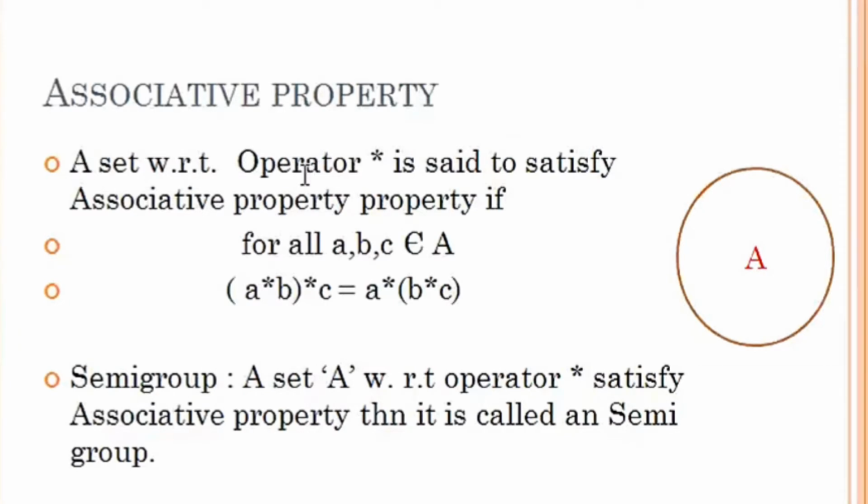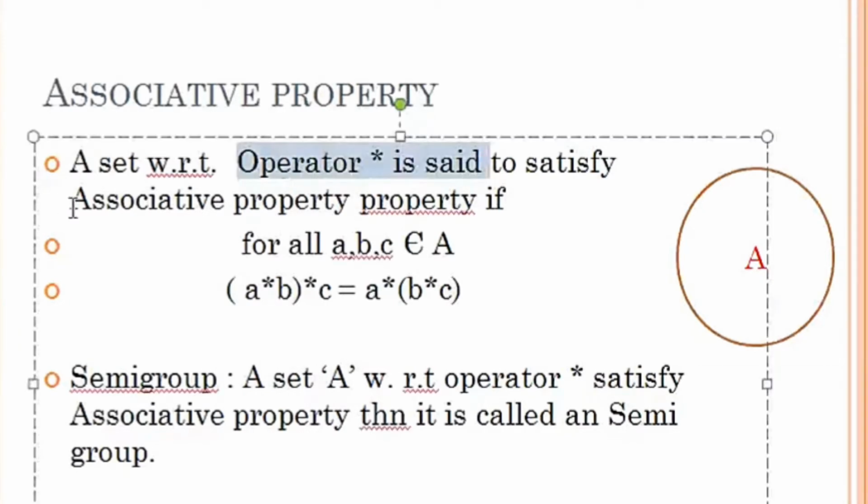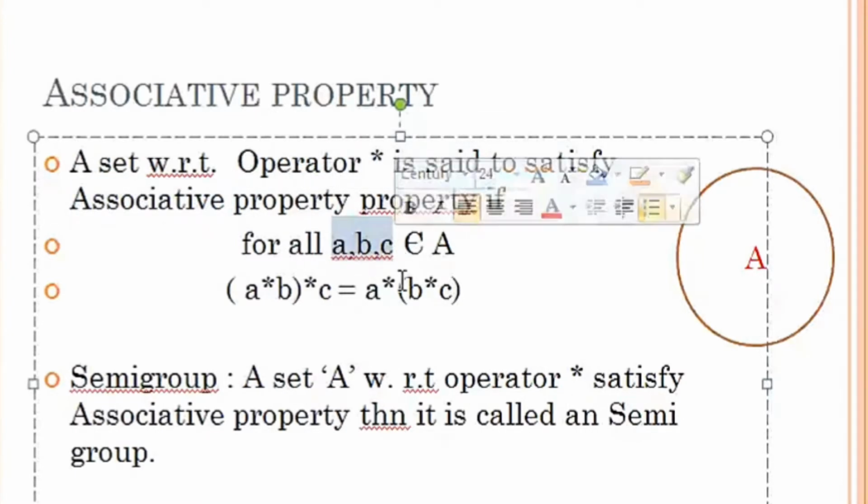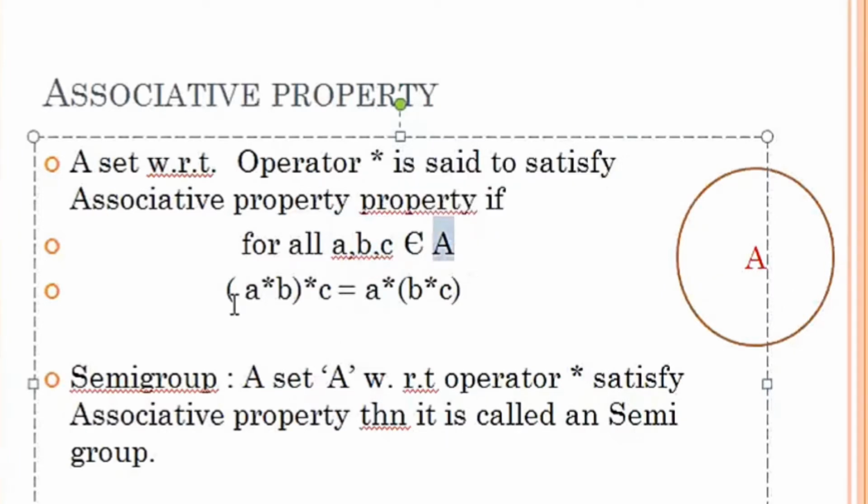A set with respect to any operation is said to satisfy the associative property if for all elements, for example A, B, C that belong to the set, A operated with B and then operated with C should be equal to B operated with C first and then A. And then the set is a semi-group.